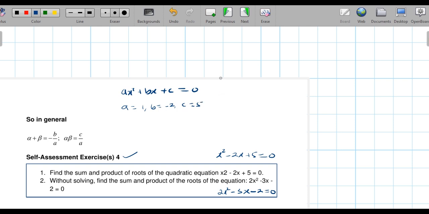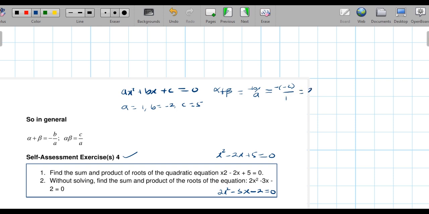So for the sum of roots, alpha plus beta is equal to what? Minus b over a, which is minus minus 2 over a, which is 1.